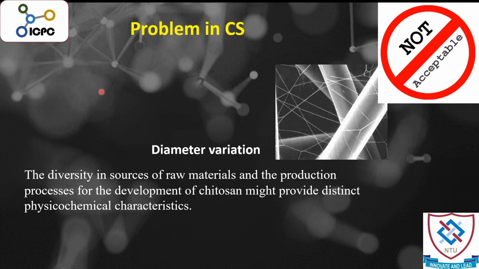Therefore, the reproducibility in natural polymers is a problem. So we have tried to reduce the problem by optimization of various parameters to become able to reduce the standard deviation as much as possible. That we will be discussing further.